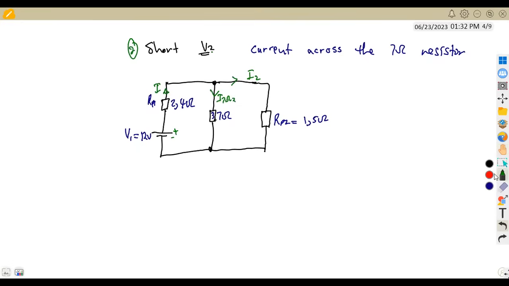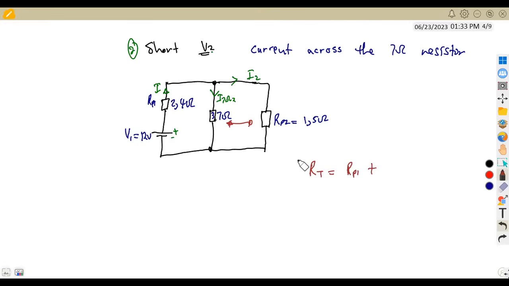What we are going to simply do is calculate the total resistance, where we have a parallel combination here, which is in series with this resistor here. So our total resistance is going to be the first resistor, RP1, in series with a parallel combination of these two resistors.